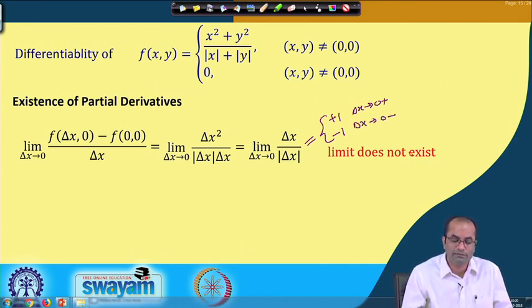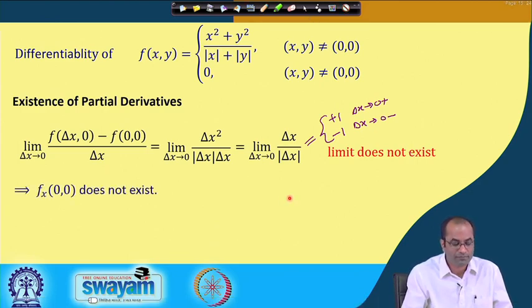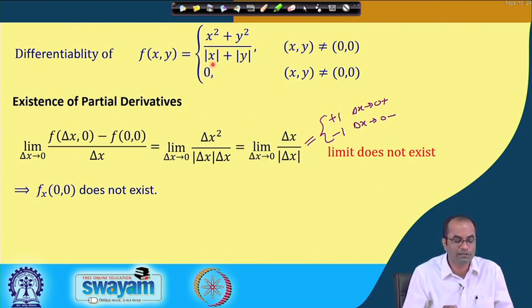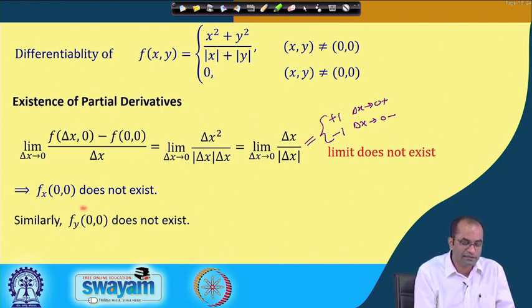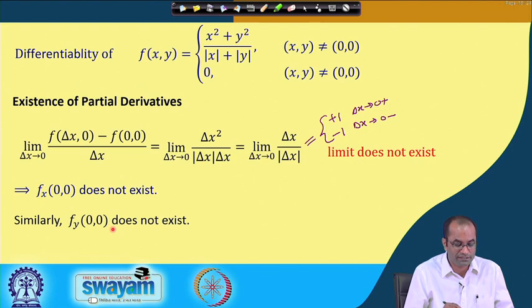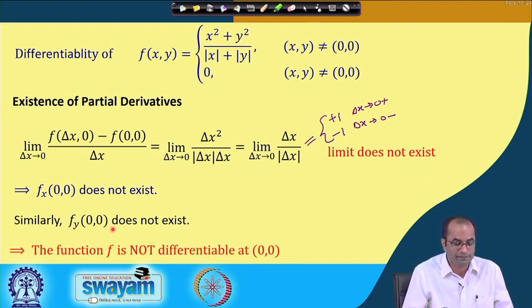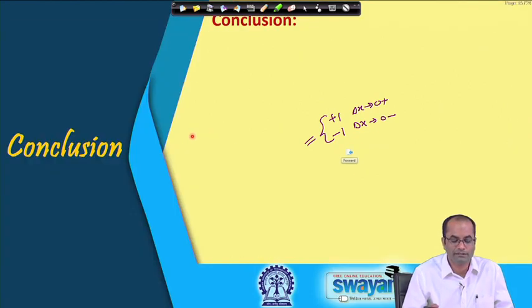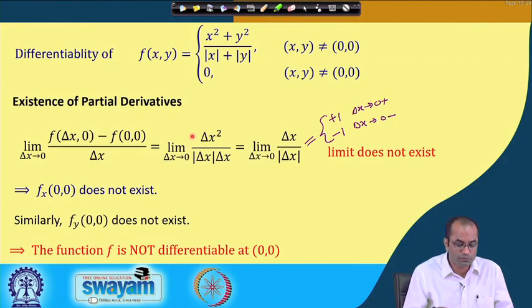We have shown this just for the one derivative f_x here, but since the nature of this function is symmetric, we can also show that f_y at (0, 0) does not exist.